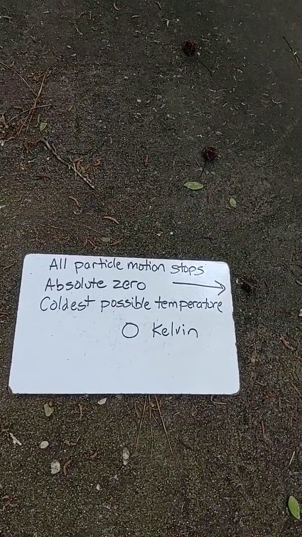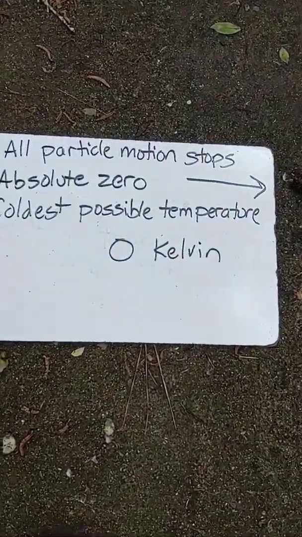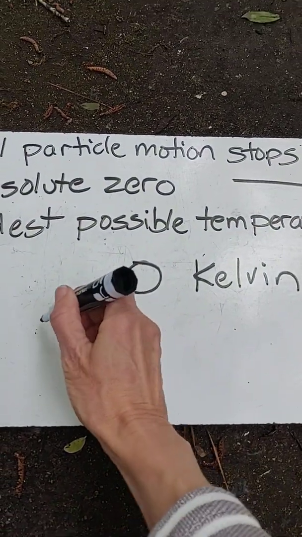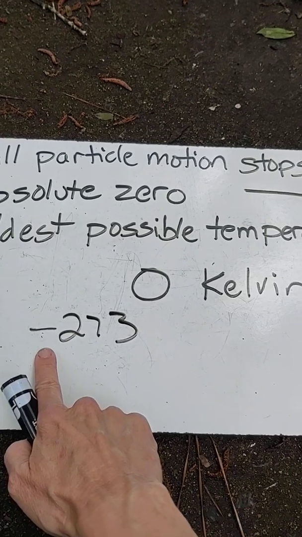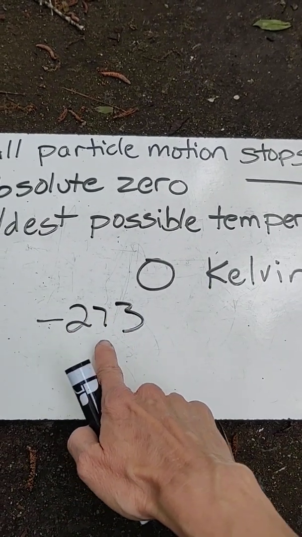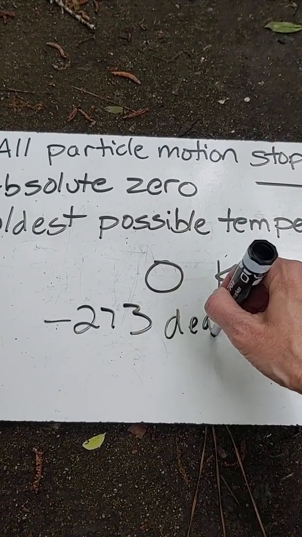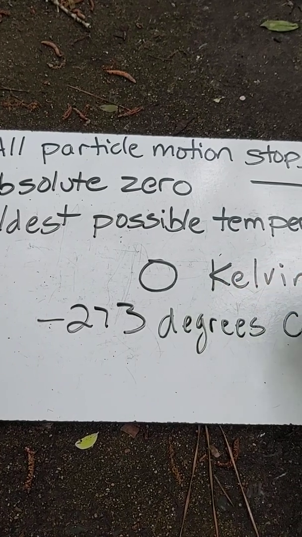Now we can measure this in Celsius too. Let me get my marker out here. But in Celsius, we had to go 273 degrees below 0. So we're at minus 273 degrees Celsius.